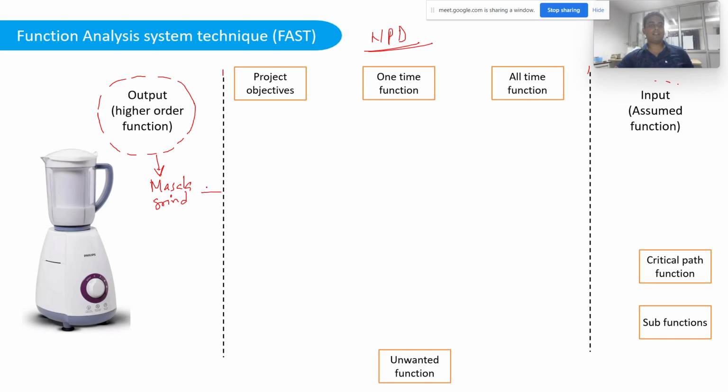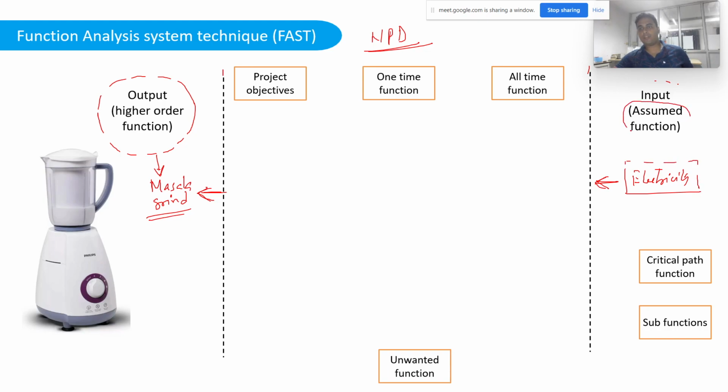This is the output you demand, and as an input, a layman may not have proper knowledge. People may think, because I am giving electricity, this particular thing is grinding. This electricity is an assumed function.